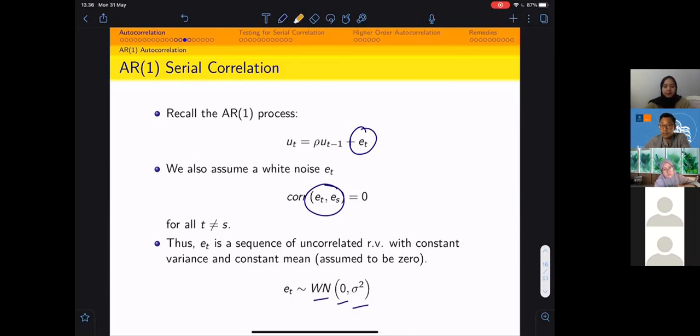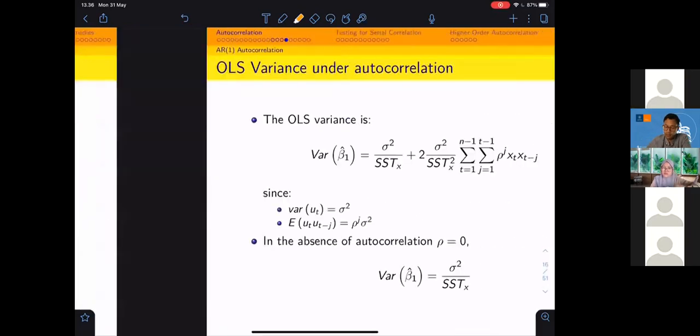So what does it tell you? It tells you that we can now just focus on the structure of the autocorrelation of the error terms, so we don't have to worry about the white noise error. The assumption that we impose on the white noise error allows us to focus on the more pressing issue, in this particular case the autocorrelation itself.